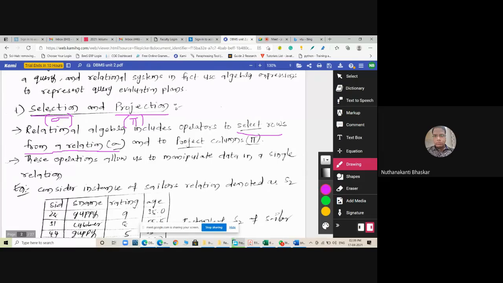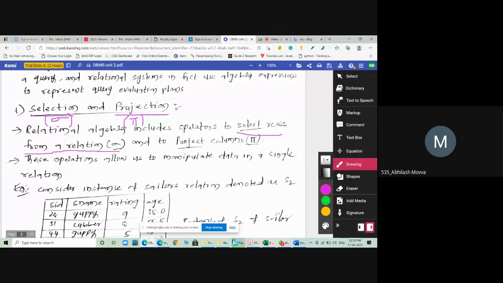Using selection, we are going to select the particular records, which record you want. The projection is nothing but using this projection, we are going to extract only the particular columns from the relation. Understand the usage of selection and projection?